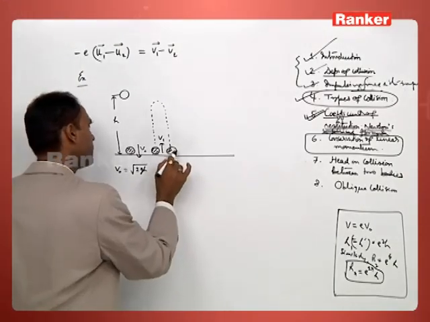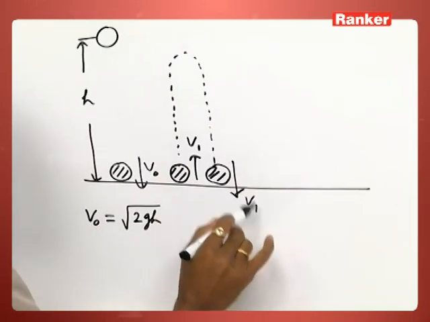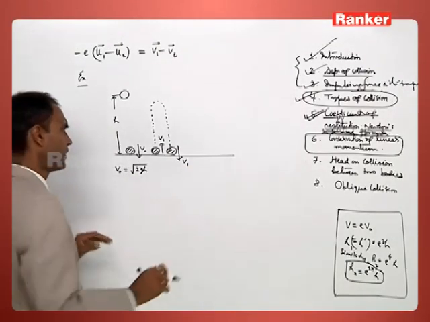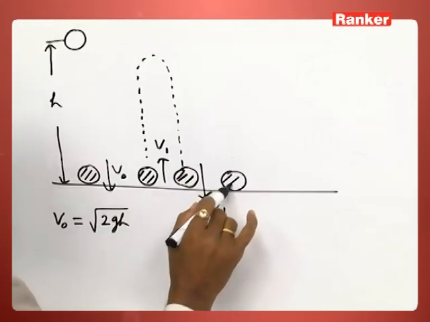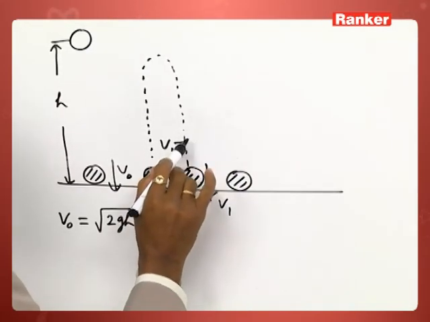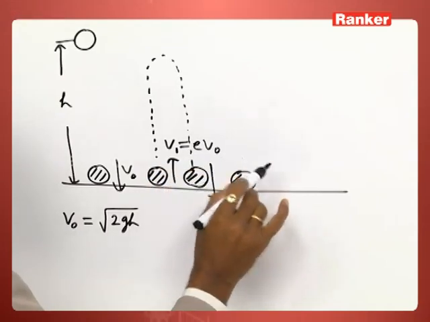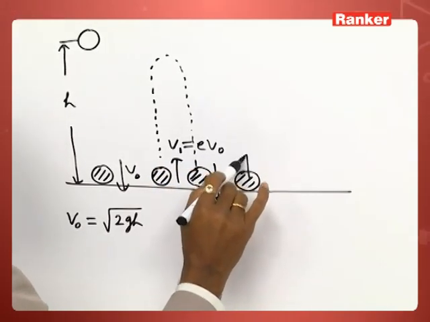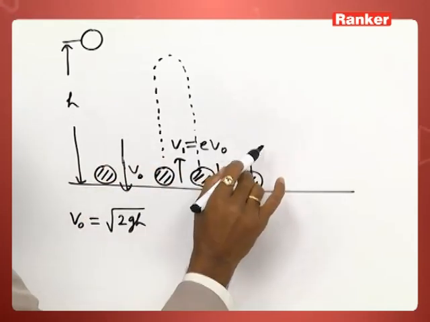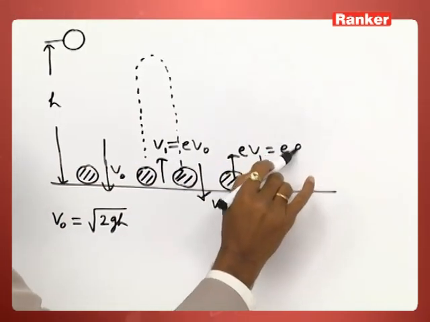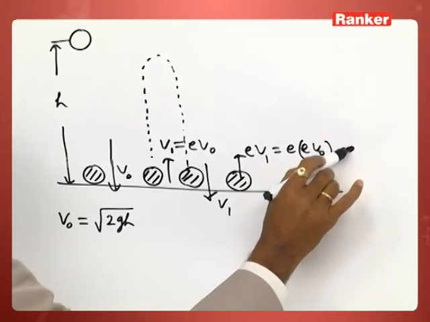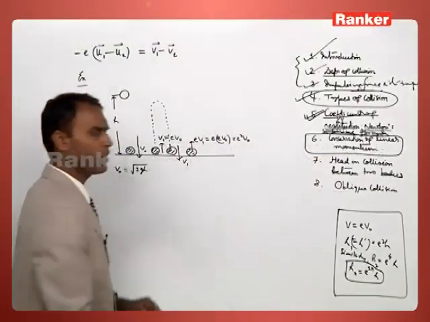With the same speed. Just after the second impact, its speed will be equal to E into V1, and V1 is equal to E into V naught, so E square into V naught.